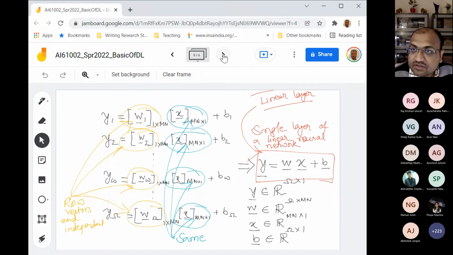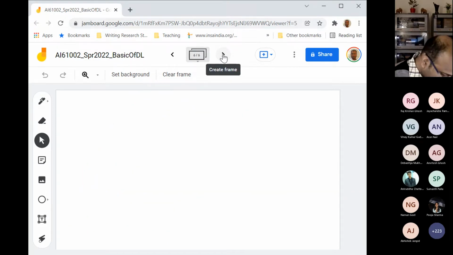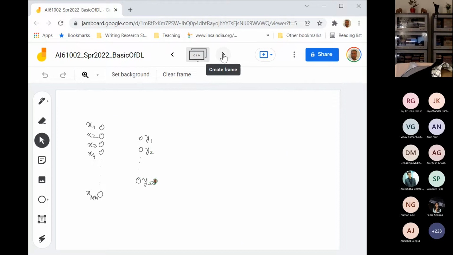So in essence, it looks something like this. X1, X2, X3, X4 up to X of M into N. Y1, Y2, Y of capital omega.